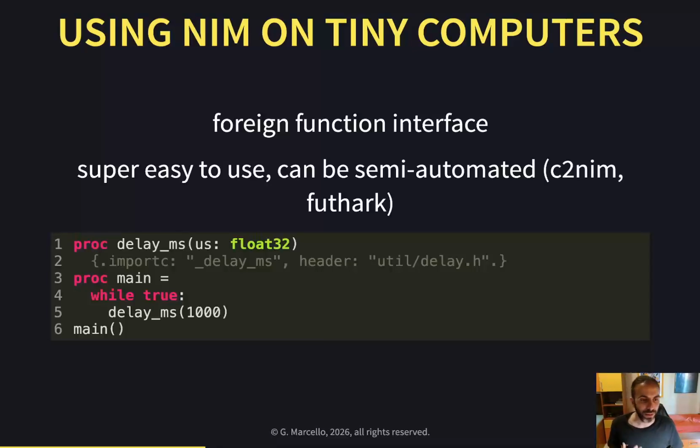And this is the manual way of doing it. There are tools that let you automatically generate bindings or automatically import stuff, and mainly, we're talking about c2nim and Futhark. I don't know about anyone else, but I just use those two generally.